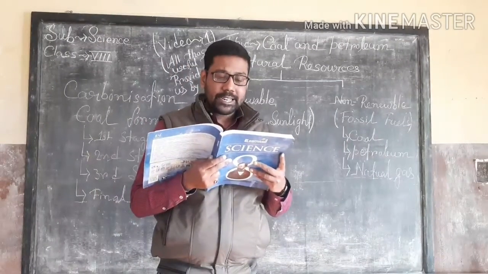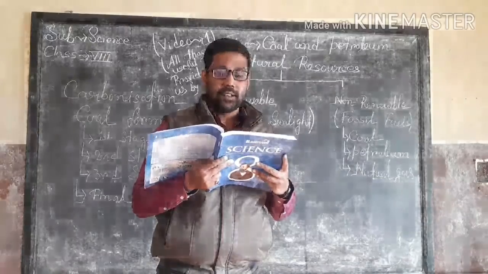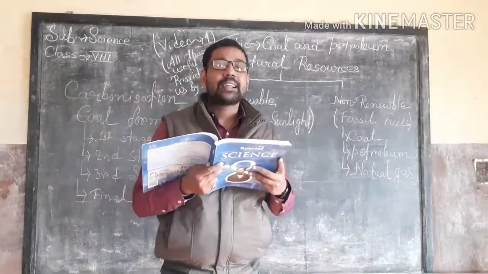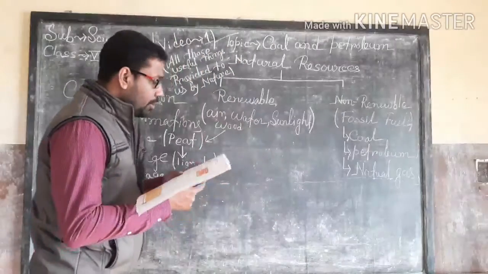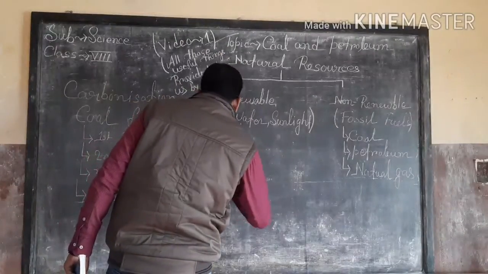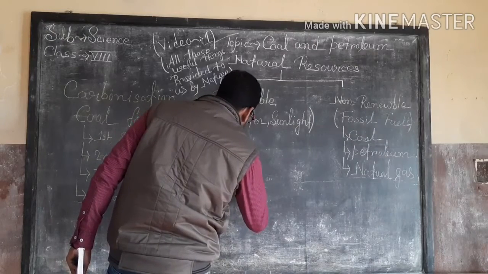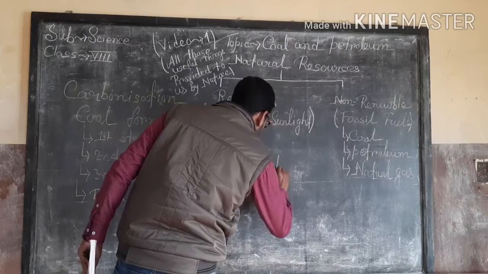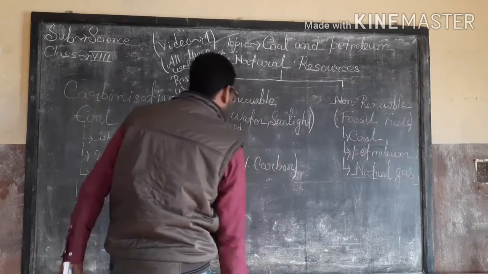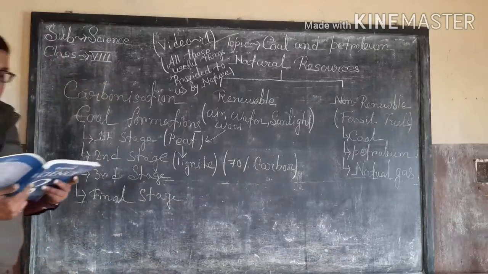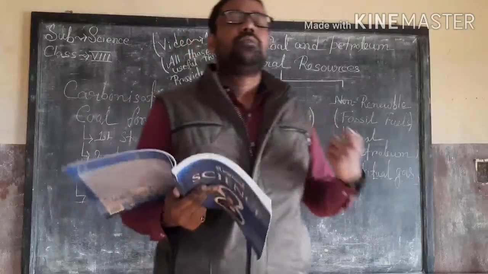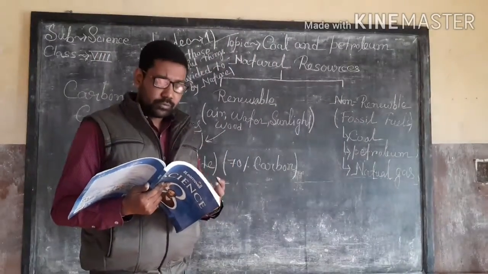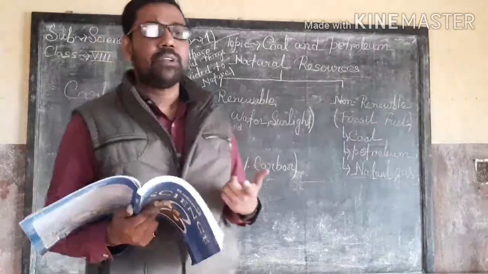The carbon contained in lignite is nearly 70%, and it is soft and can be crumbled. So lignite contains 70% carbon, it is soft, its color is brown, and it crumbles.